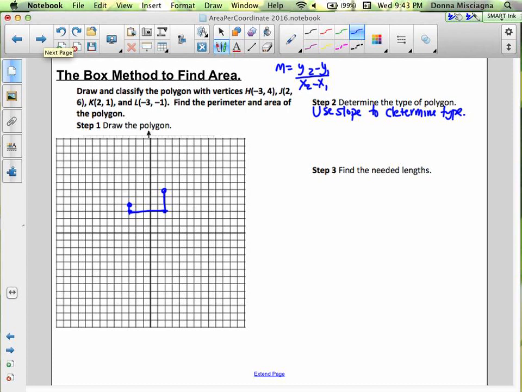Did I misgraph a point? I think I forgot to. Let me just draw this one again.